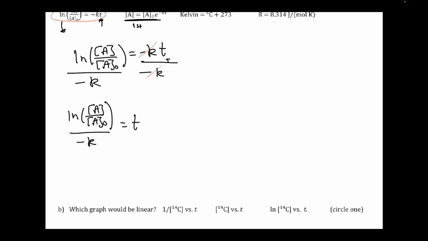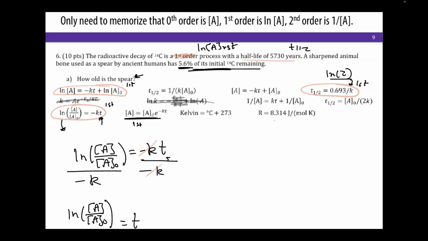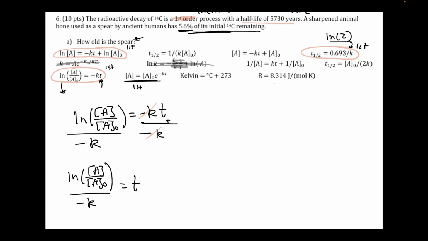Now, to plug in here, we sort of need a trick. We don't know A or A naught, but we do know there's 5.6% of the initial carbon-14 remaining. So the trick we can use there is we can say the initial amount, A naught, is how much was present at t equals 0 when the decay started.